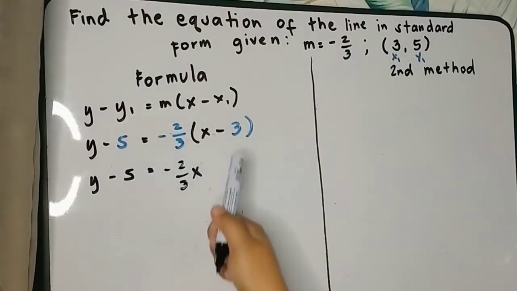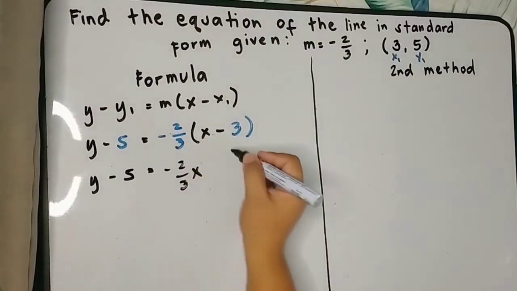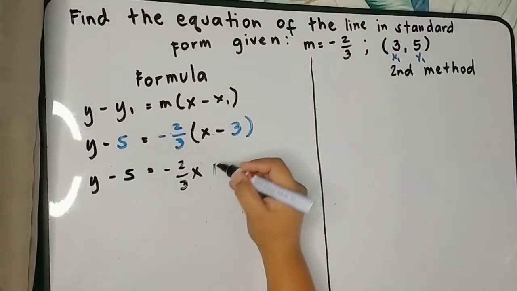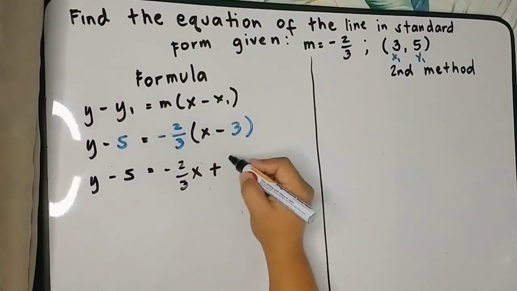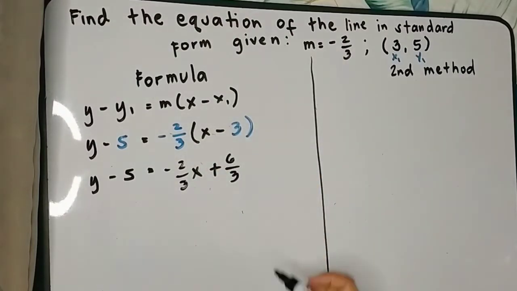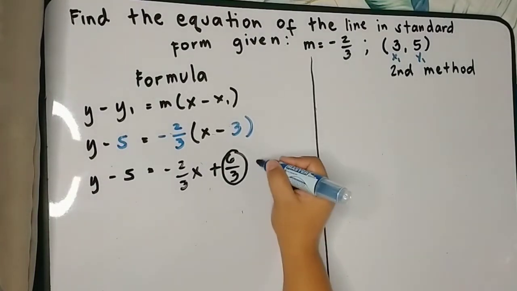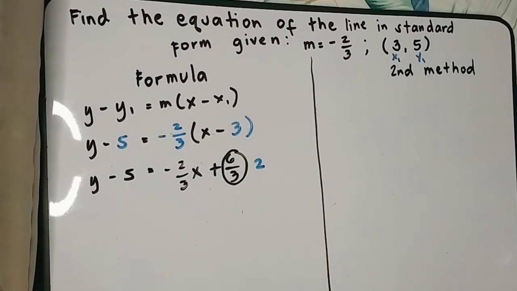Then, negative 2/3 times negative 3, again, di ba, kapag nagmumultiply tayo, dun lang sa numerator. So, that is negative times negative, so magiging positive 6 over 3. Or, pwede natin i-simplify itong 6 over 3, di ba? It will become 2. Okay?